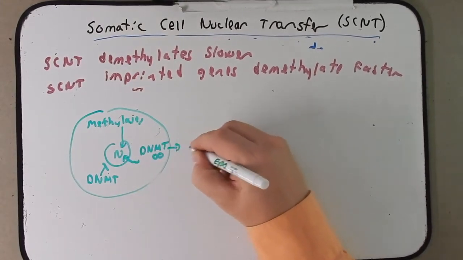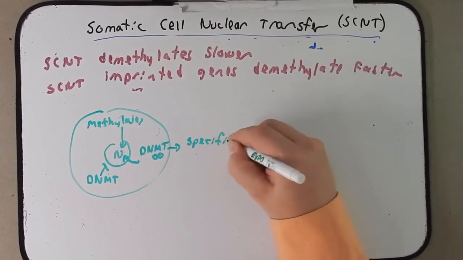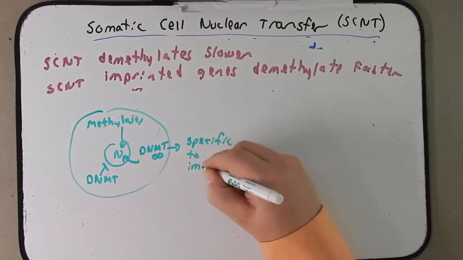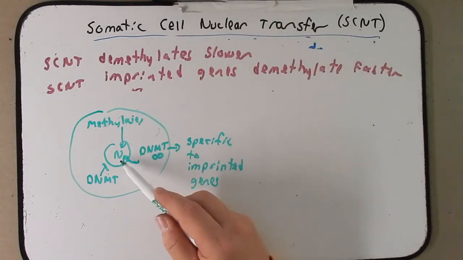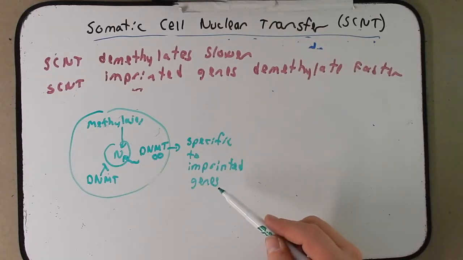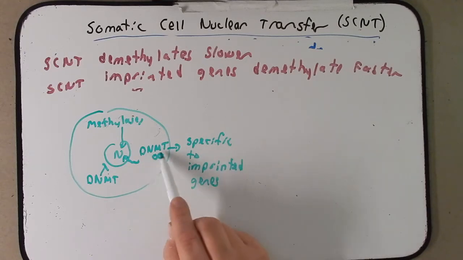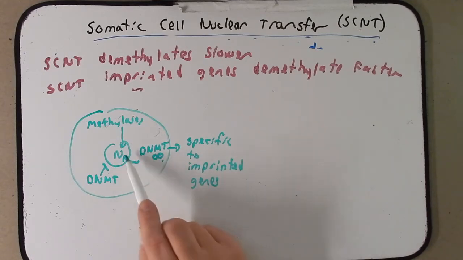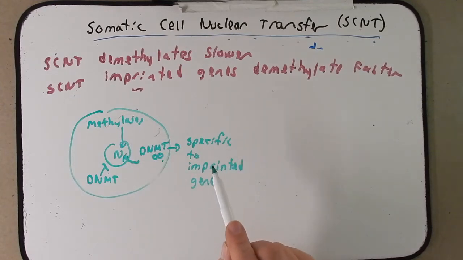And it is specific, or more specific, to imprinted genes. So under normal circumstances, methylases come into the nucleus, they demethylate the DNA, but to help protect imprinted genes so they're not demethylated, this DNMT is expressed and is in the nucleus, and it helps to maintain the imprinting, the methylation of the appropriate imprinted genes.